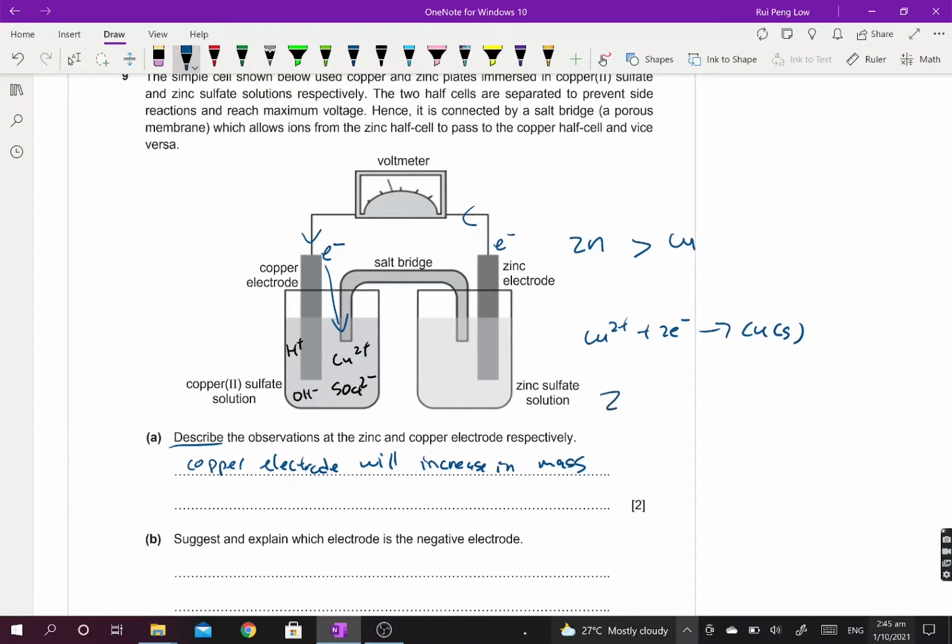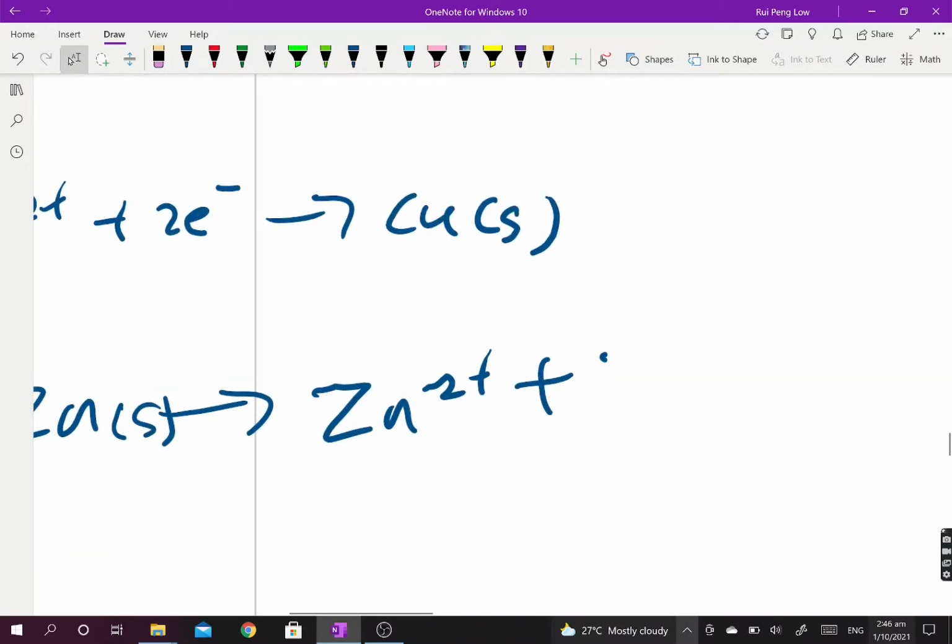Likewise, because zinc loses electrons, the zinc solid will dissolve to give you zinc 2 plus ions plus 2e minus.